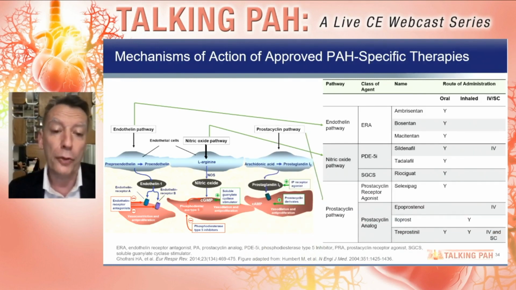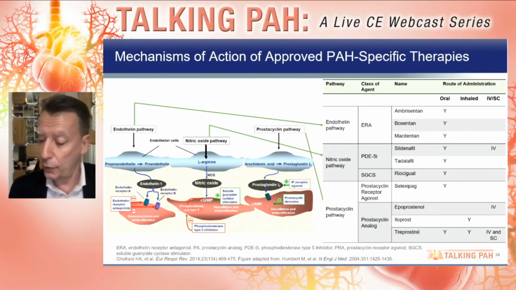And finally, the first developed family of agents in PAH is the prostacyclin pathway, with prostacyclin analogs ranging from intravenous epoprostenol to inhaled iloprost and to oral, inhaled, IV or subcutaneous treprostinil.